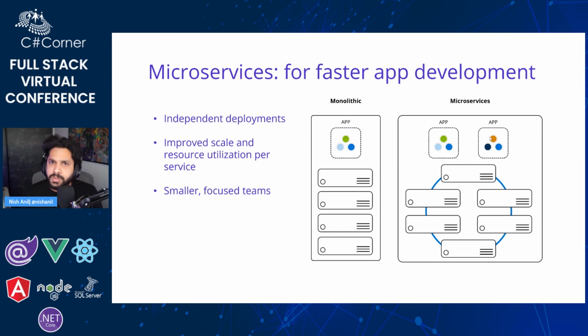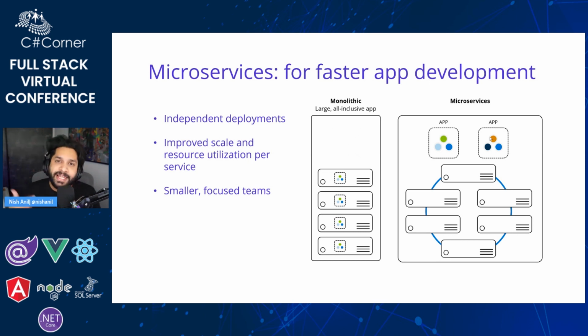Let's compare with how we used to build monolithic applications, probably in the past, or even now; it's totally okay to build monolithic applications. You basically have layers: a database layer, a service layer, a web layer. Technically, they are all baked into a single deployable unit, and then deployed probably onto VMs.